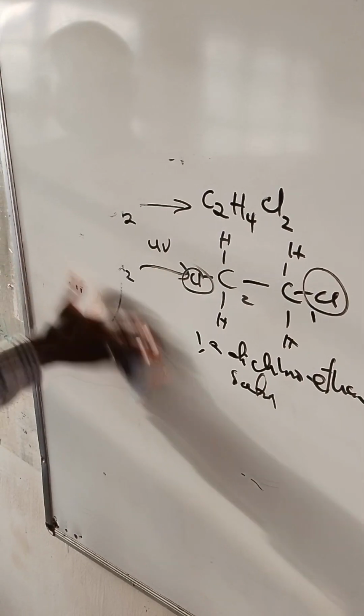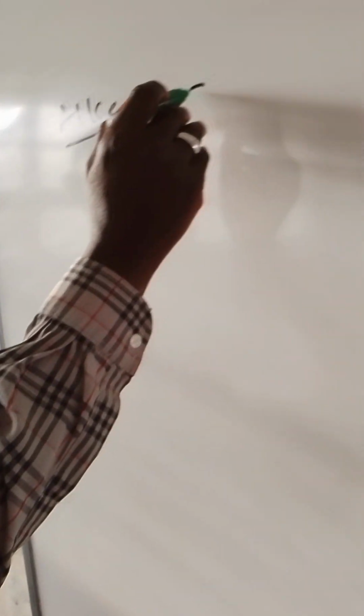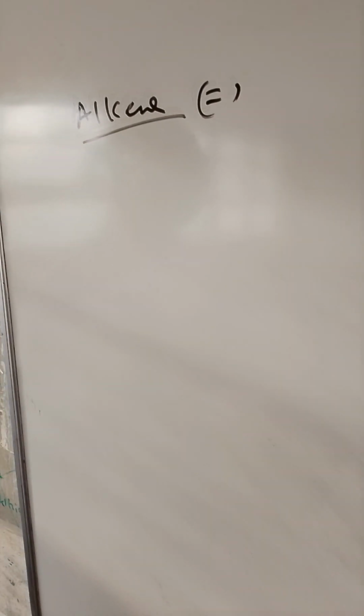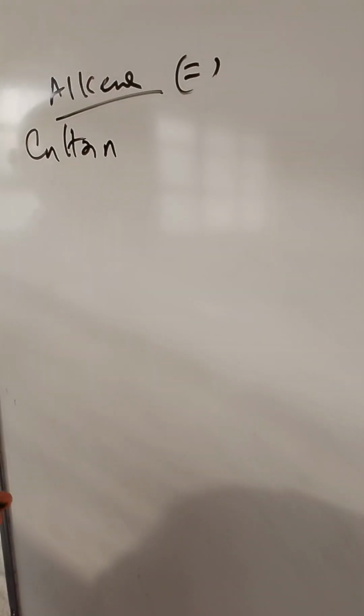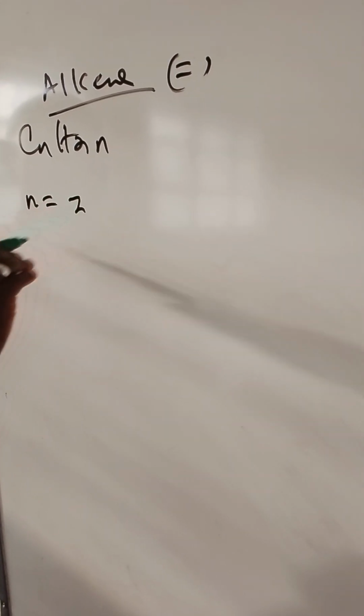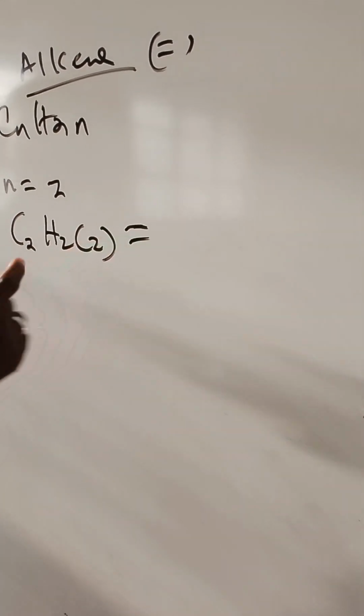Now let's digress to what we call alkene. The alkene is unsaturated and has a double bond, as the case may be. And they have a general molecular formula of CnH2n. Where n is equal to 2, what do you have?